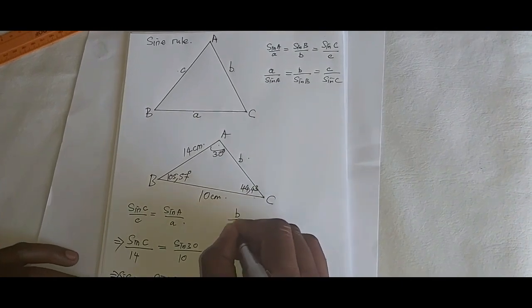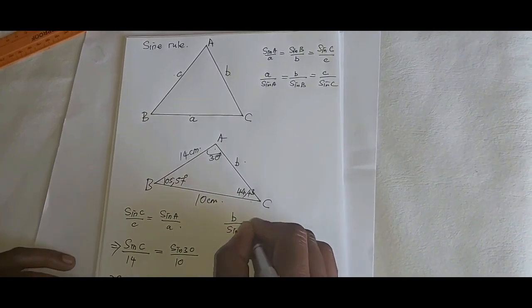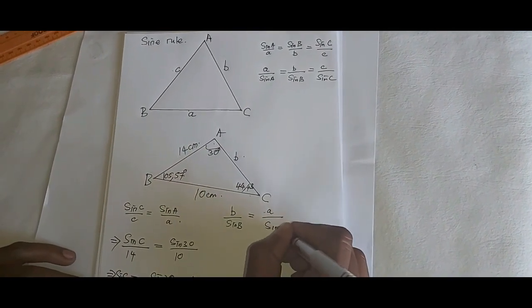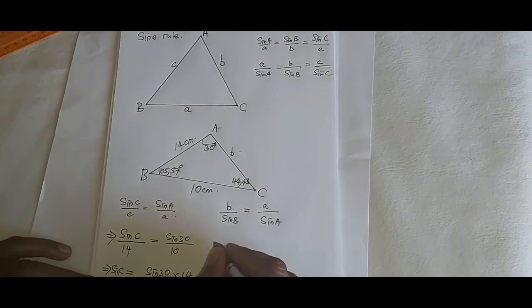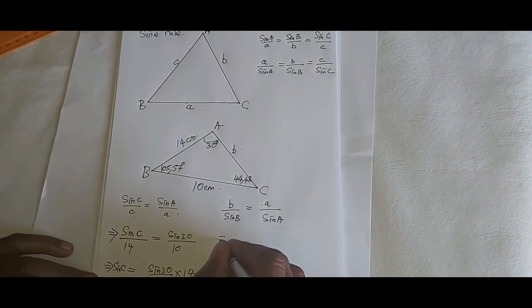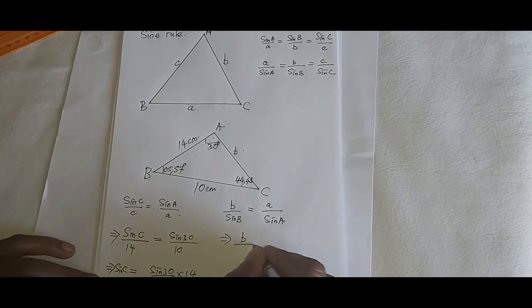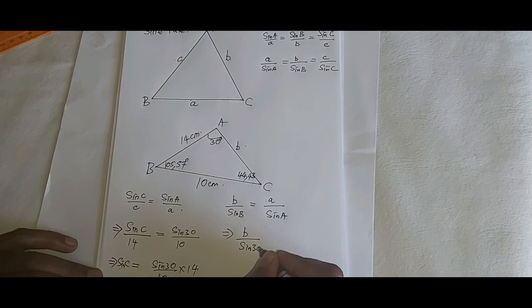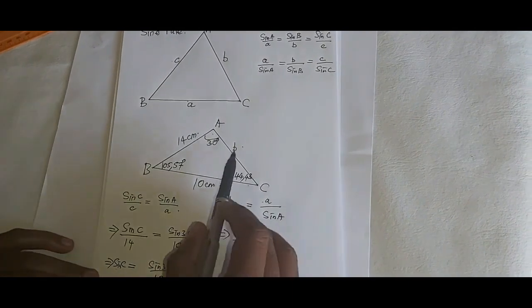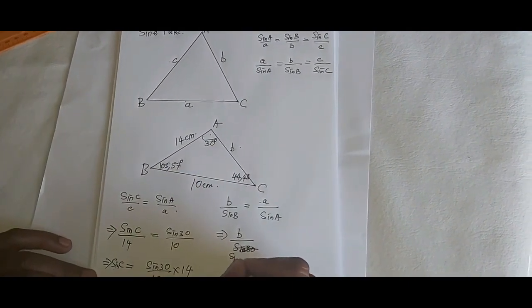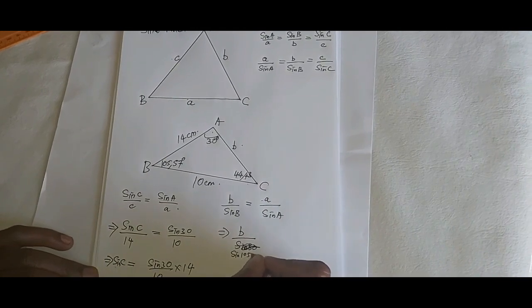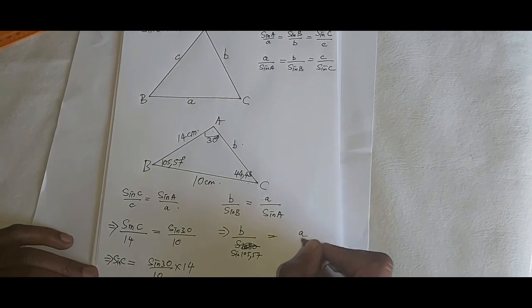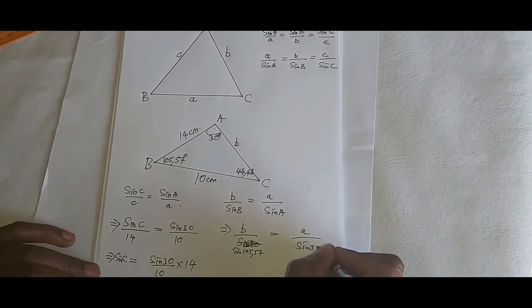That is b over sine B is equal to a over sine A. So b over sine of 105.57 is equal to a over sine 30.